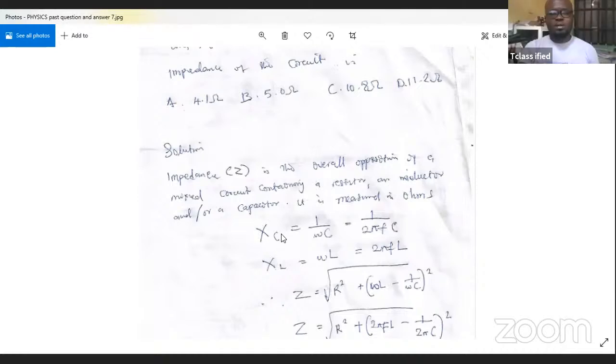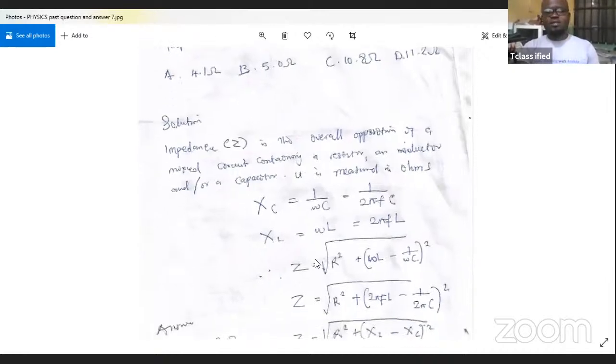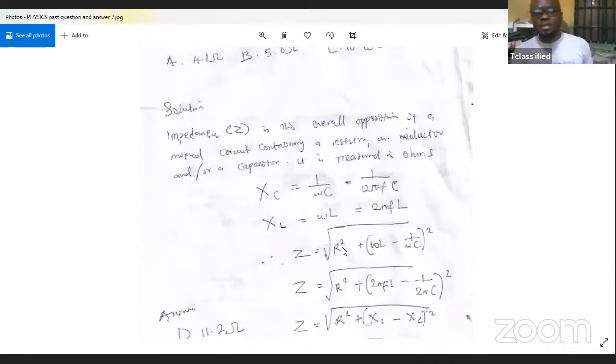So we have XC to be equal to this and XL to be equal to this. But if you're calculating the overall impedance, it's going to be the square root of R squared plus the difference between the resistance from the inductor and that from the capacitor, squared.